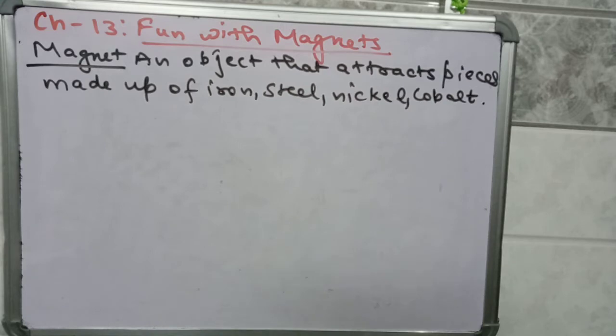So they can attract pieces of iron, steel, nickel, cobalt, etc.